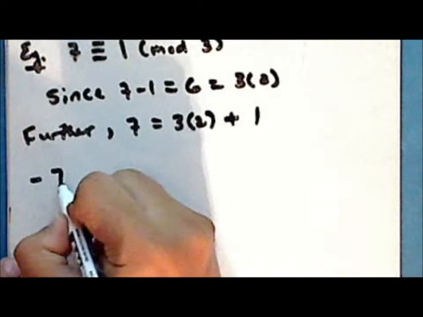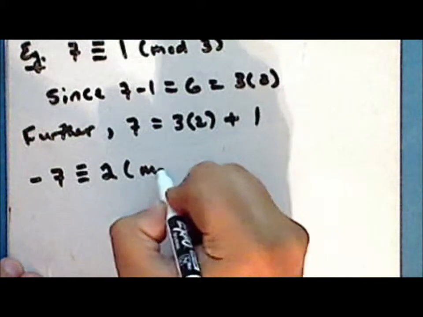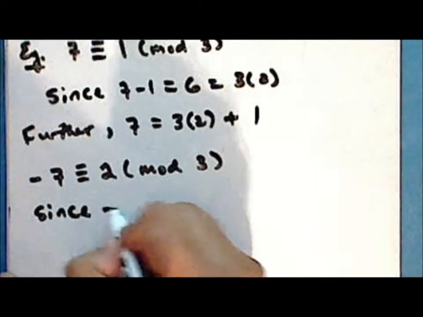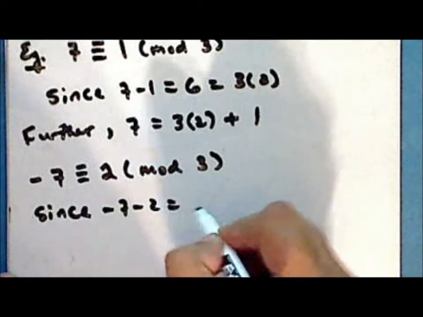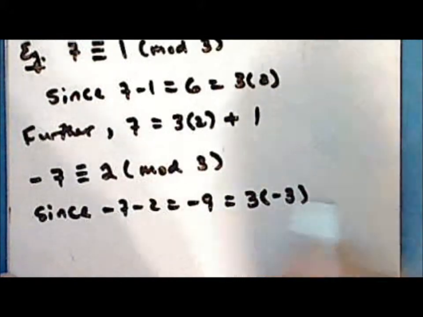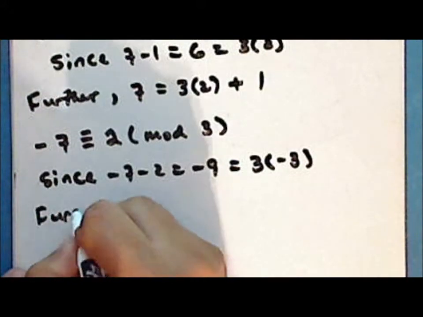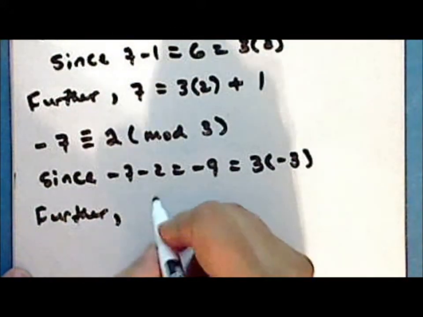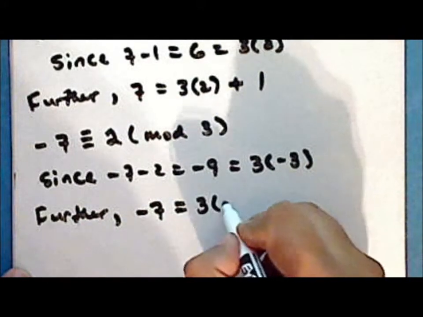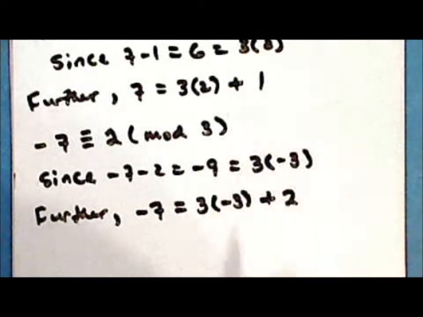And the number negative 7 is congruent to 2 modulo 3, since negative 7 minus 2 is negative 9, and this is an integer multiple of the number 3. And further, negative 7 can be written as the sum 3 times negative 3 plus 2, where 2 is the residue.